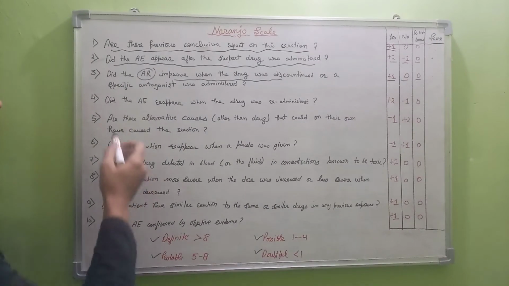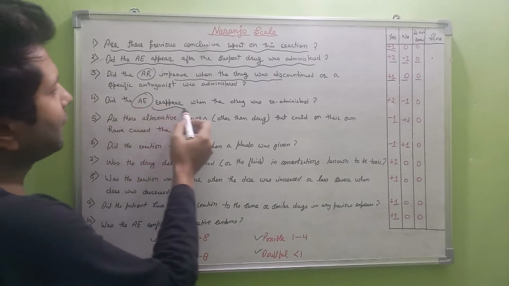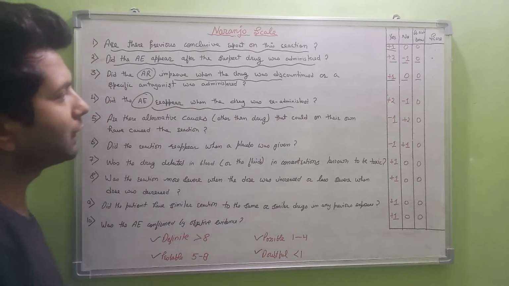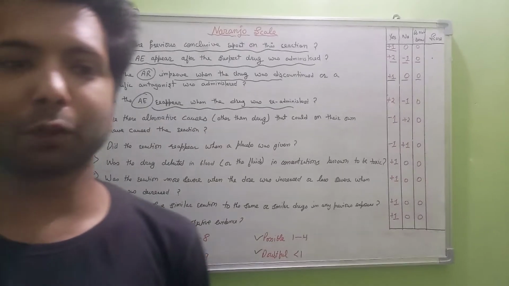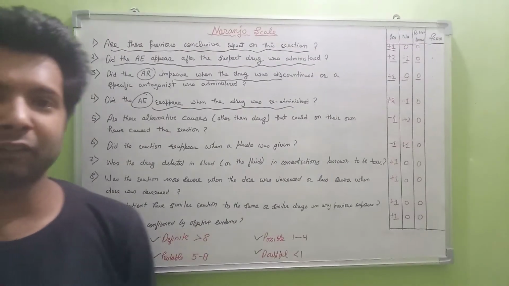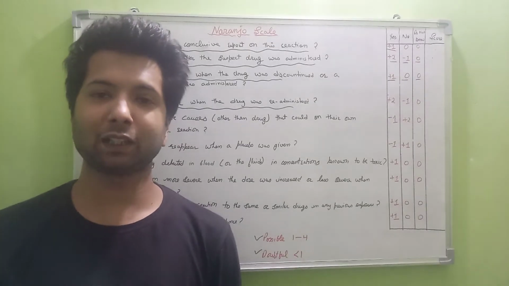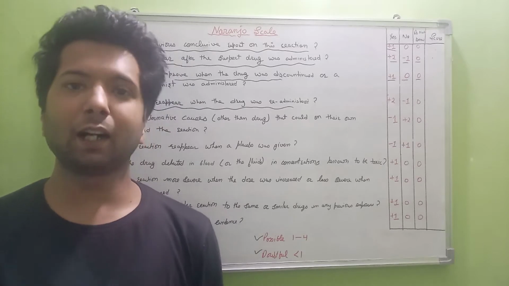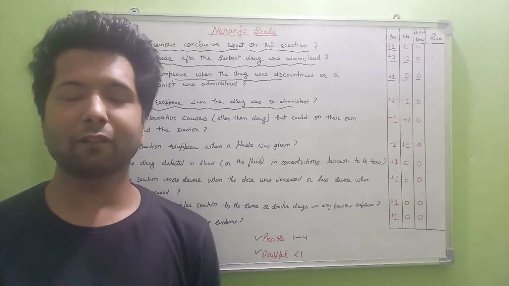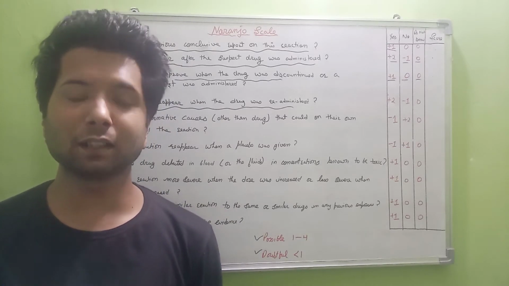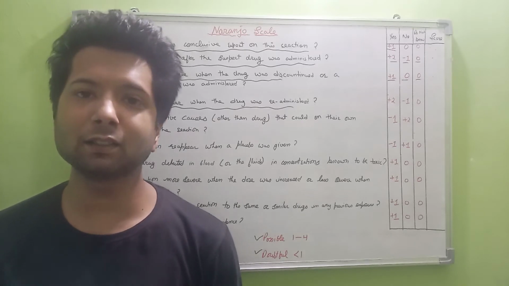Now the next question is, did the adverse event reappear when the drug was re-administered? Suppose at the initial stage we give paracetamol to the patient and the patient develops a skin rash as an adverse event, and after that we stop the drug and the adverse event, that is the skin reaction, disappears.